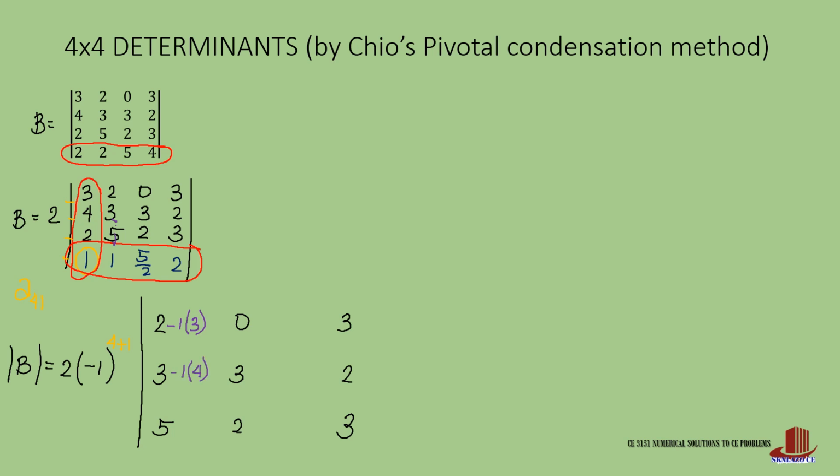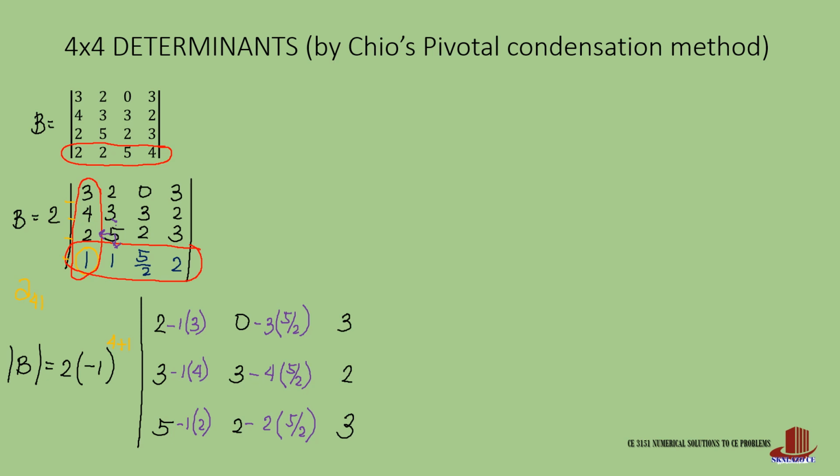And 5 would be taken as 1 times 2. Then for 0, we would have this as -3 and 5 halves. 3 would have 4 and 5 halves. Then 2 would be taken as -2 and 5 halves.